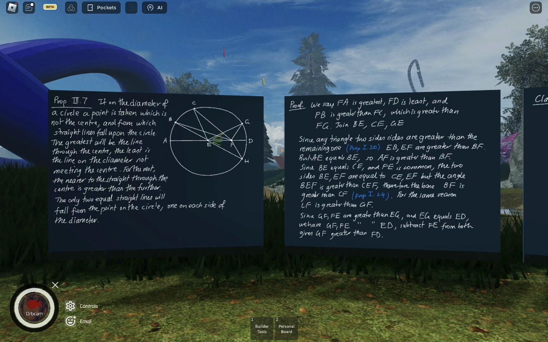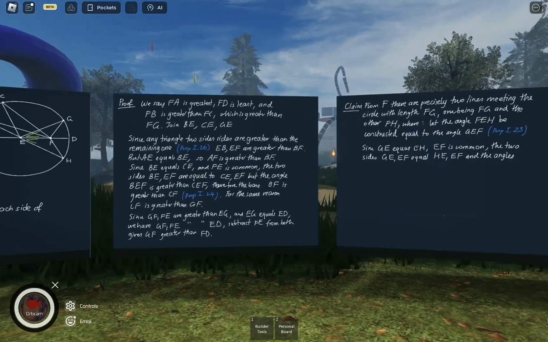Since GE equals EH, and EF is common, the two sides GE, EF equal the two sides HE, EF, and they have a common angle.